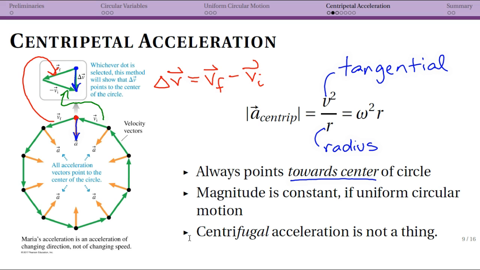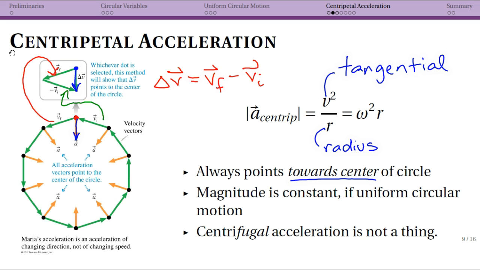Finally, centrifugal acceleration is not a thing. And I understand that sometimes you might misspeak. Perhaps in your previous physics class you learned about centrifugal acceleration, but that's not a thing. Later when we talk about forces, the book has a little aside about what's called fictitious forces, and I almost just want none of you to even read that section because I find that it just causes very much confusion.